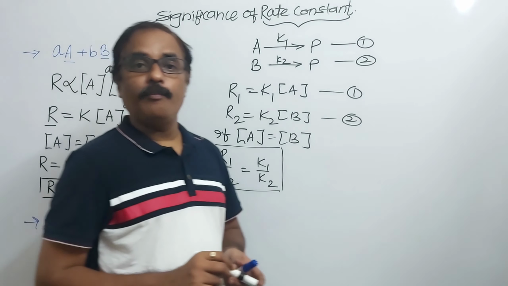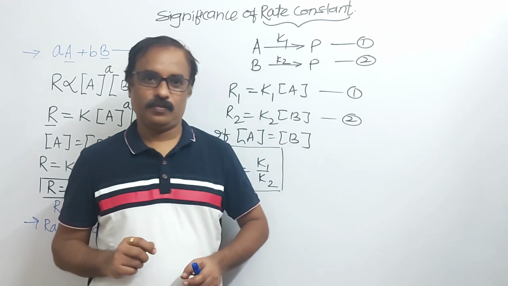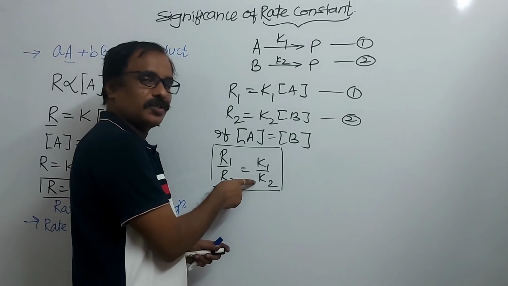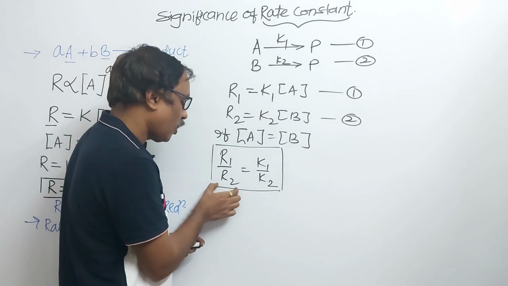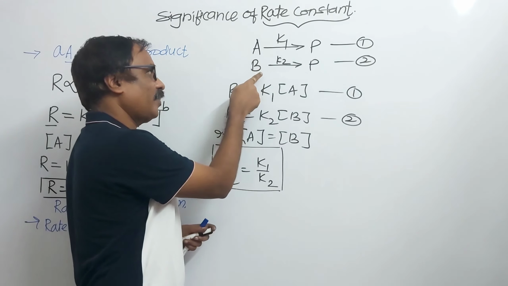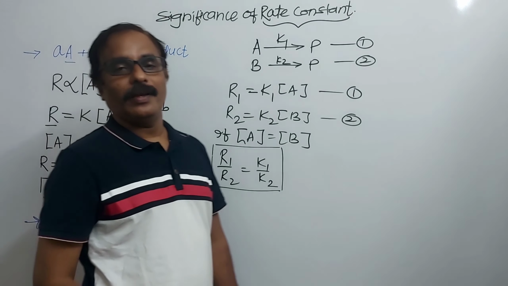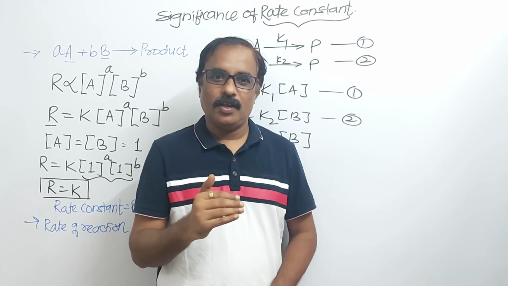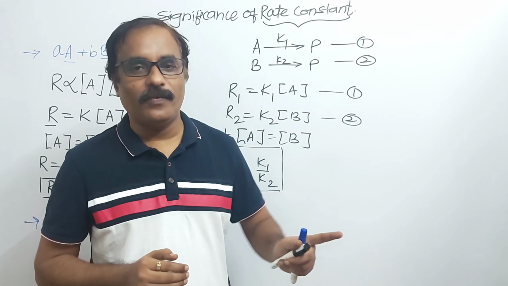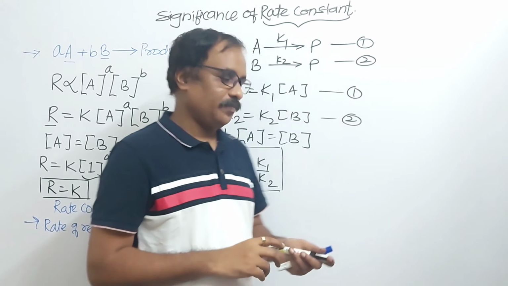And here we can compare R1 and R2. By using K1 and K2, by using the rate constant, we can compare the rate of reaction of the first reaction and the rate of reaction of the second reaction. And there is a comparison. We can predict which one is a fast reaction and which one is a slow reaction.